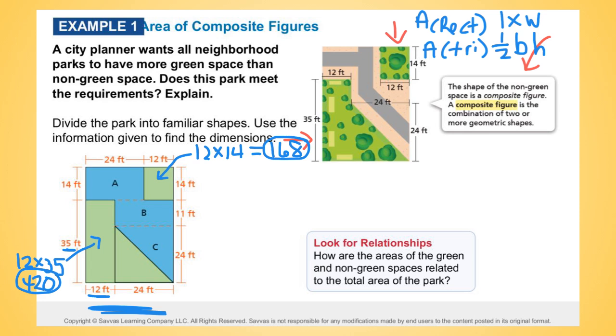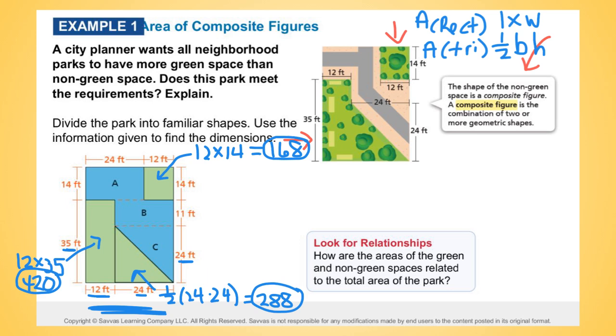And then this triangle is half of the base, which is 24, times the height, which is also 24. So if you pick up a calculator and you take 24 times 24 and you divide it by 2, that triangle is 288 square feet.